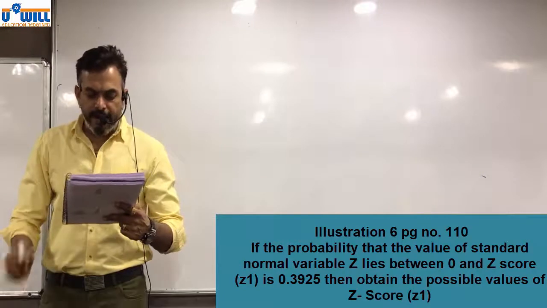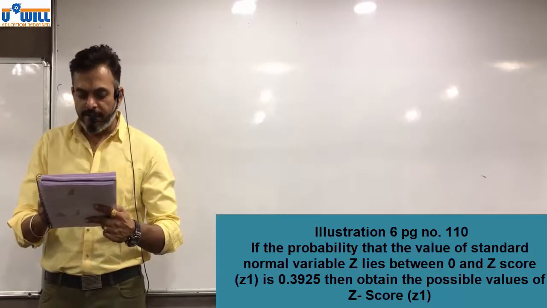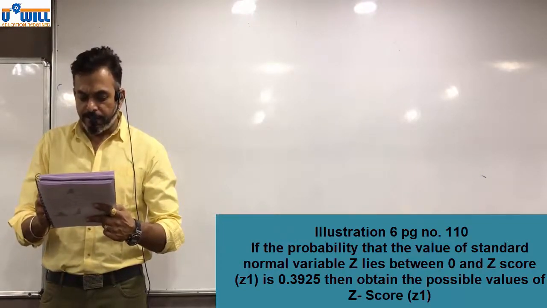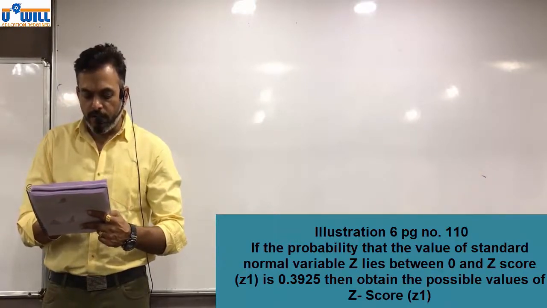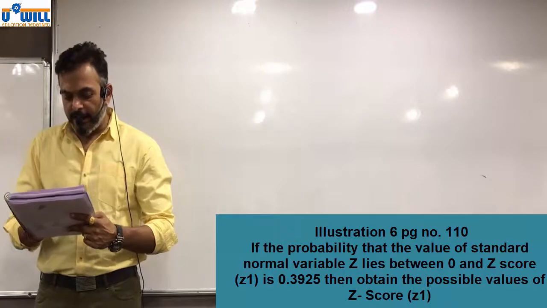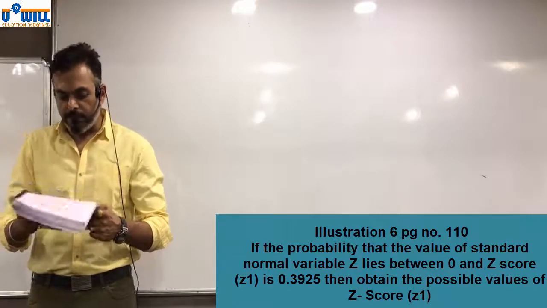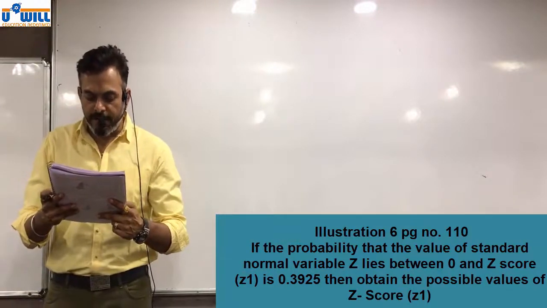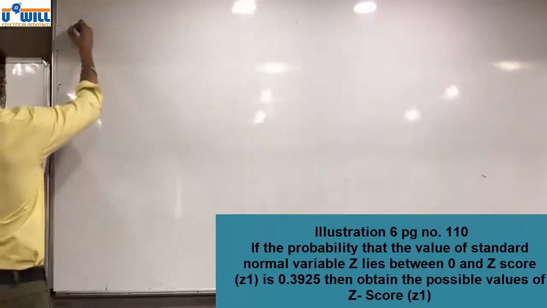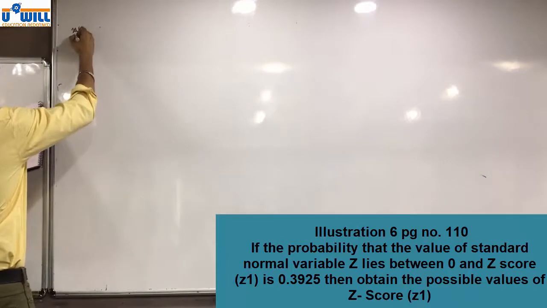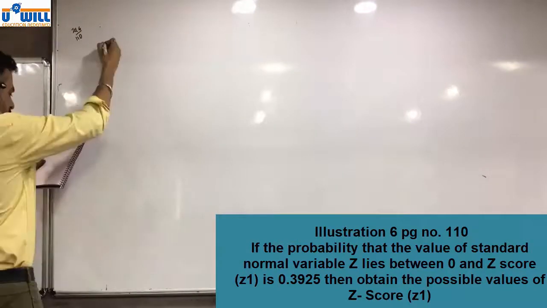If the probability that the value of standard normal variable z lies between 0 and z score, z1 is 0.3925, then obtain the possible value of z score. Now first let's write what is given. Illustration 6, page number 110.